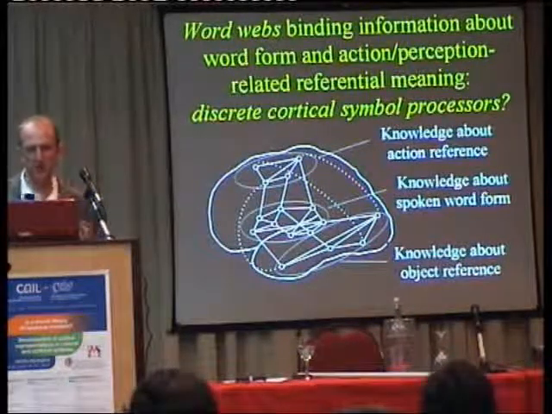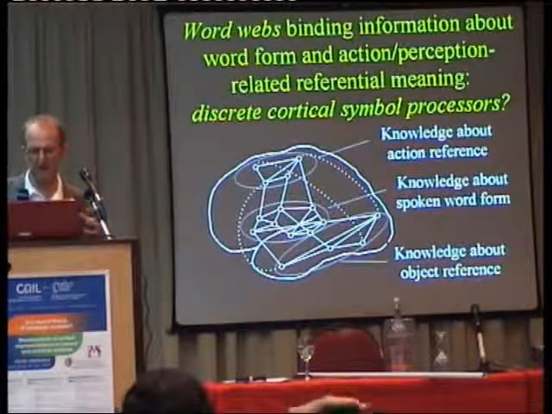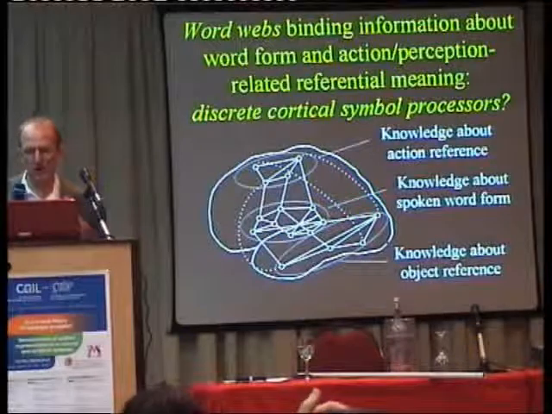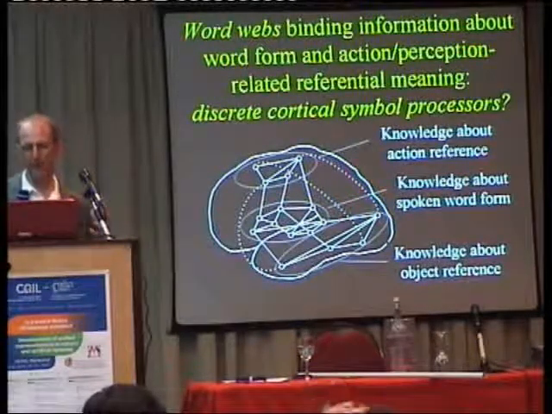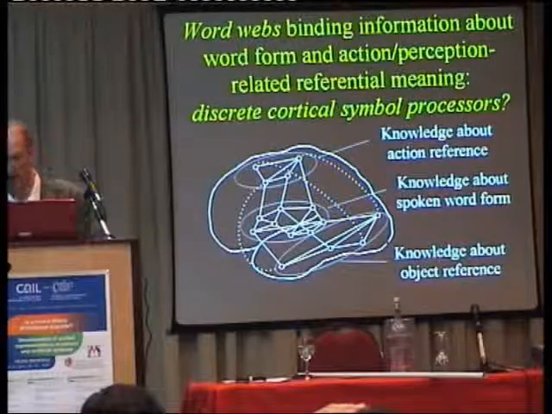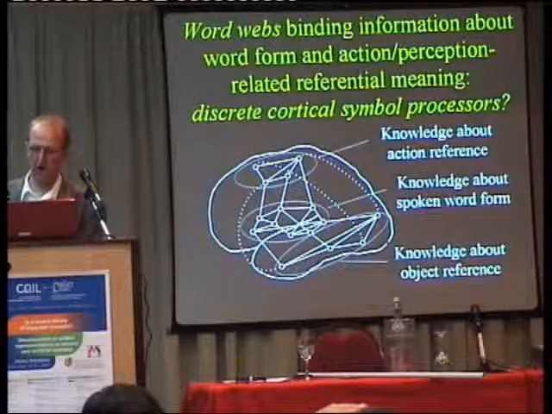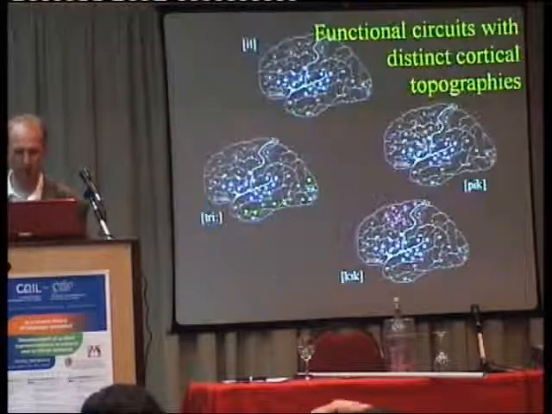And generally, the idea is that of discrete, distributed neuronal networks, distributed but discrete symbol processes that bind together word form knowledge and semantic knowledge related to actions and to objects and to other perceptual features of the reference of words.